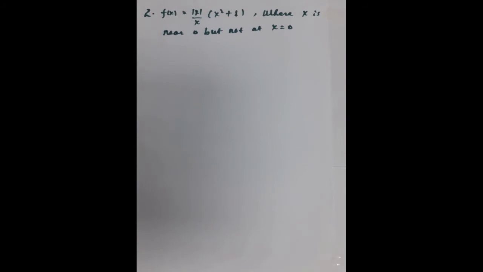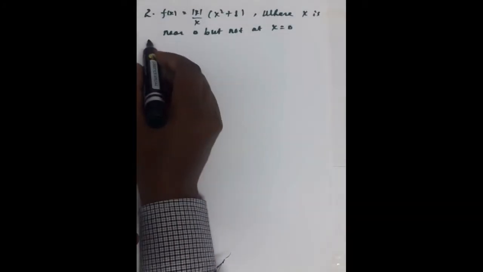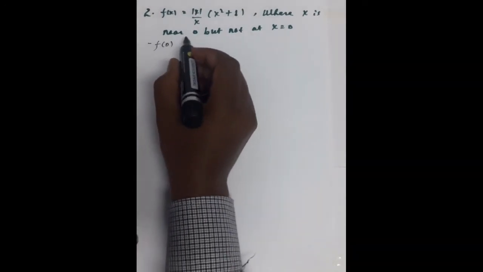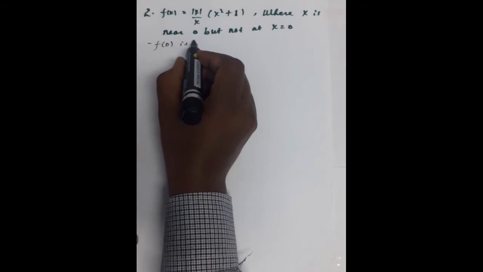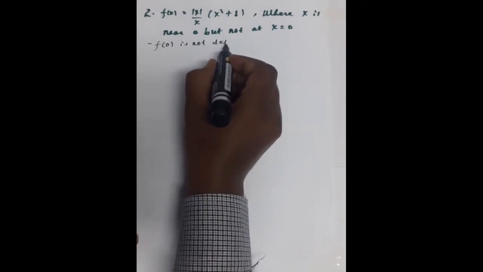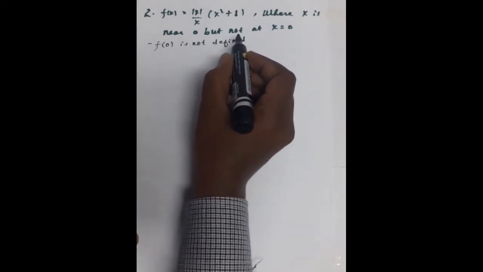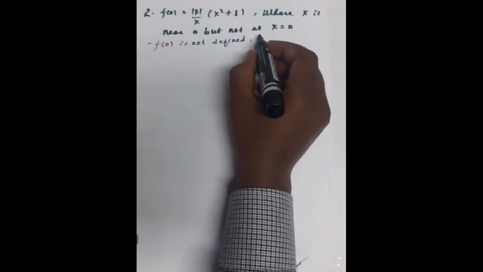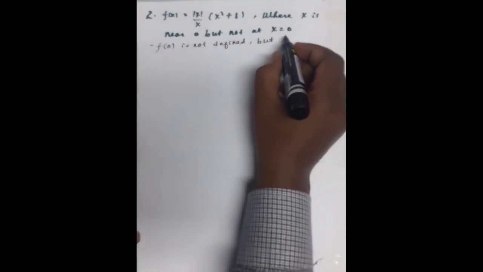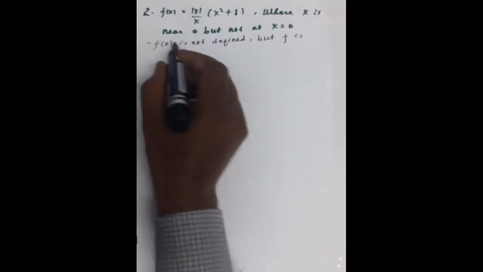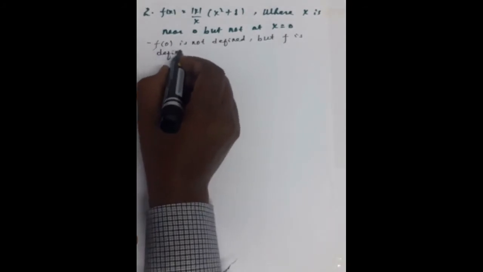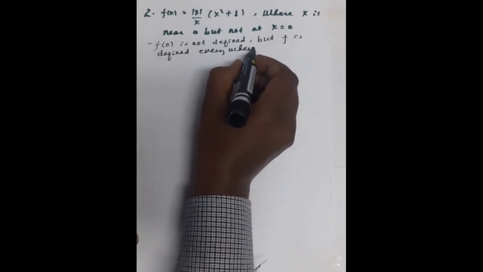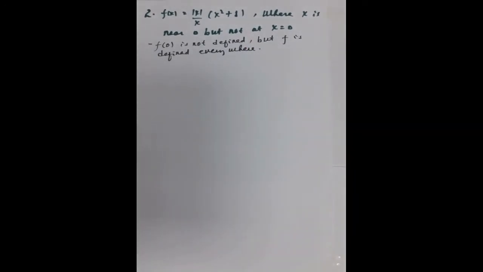From this function, we can see that f of 0 is not defined, because with direct substitution, 0 over 0 is undefined. But f is defined everywhere except 0.